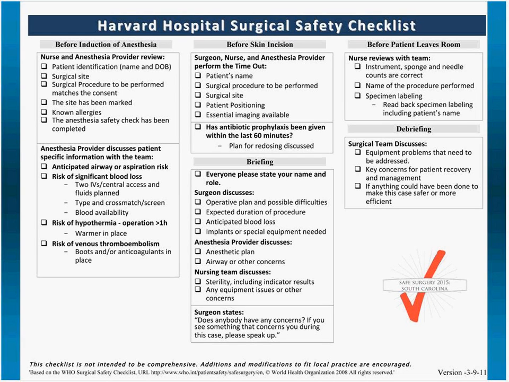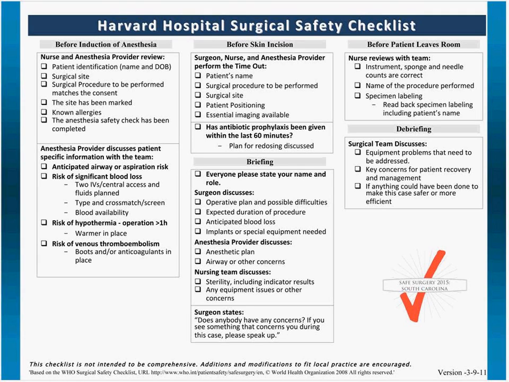Beth, is there blood available? I'll call the blood bank and have it sent to the room. Do you want it in the room or? Yeah, that'd be great. Okay. And we've placed an upper body bear hugger to prevent hypothermia. And for our venous thromboembolism prevention, Mr. Smith has boots on, and we will be using anticoagulation during the case.